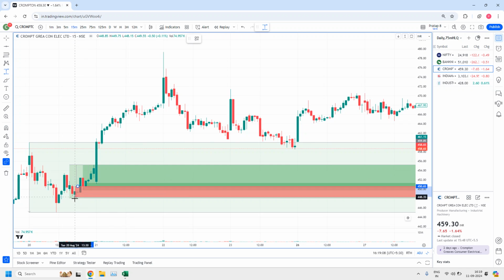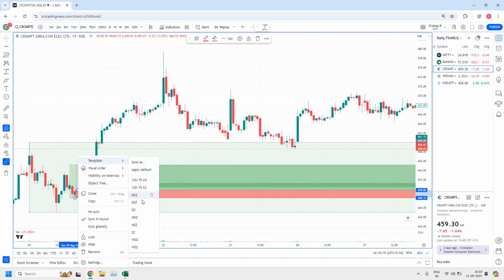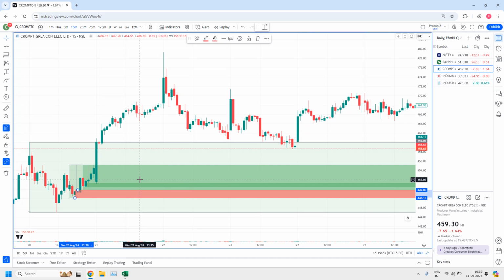Let me draw the zone. Like this. This is a 15 minutes demand zone. See, both are LOTL zones. Either way we can draw.